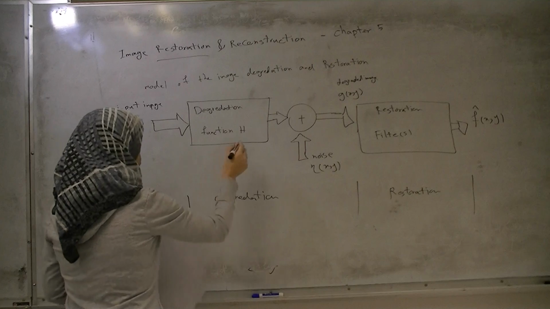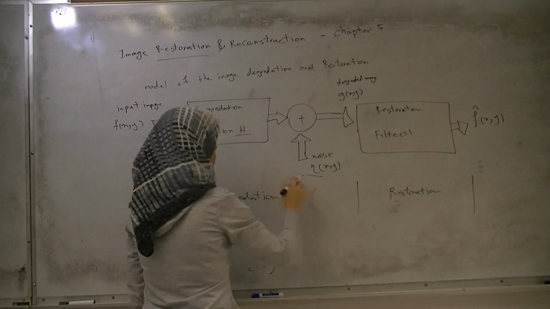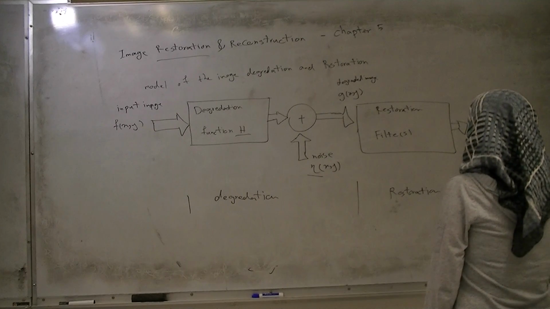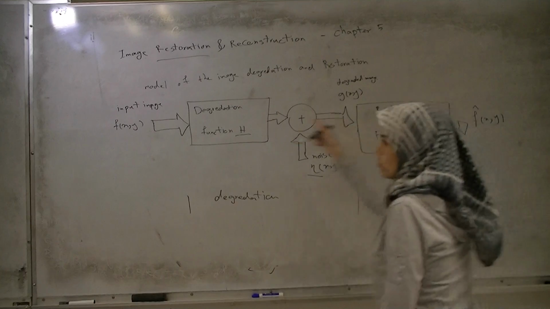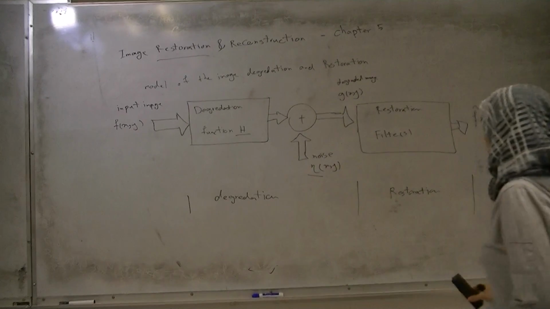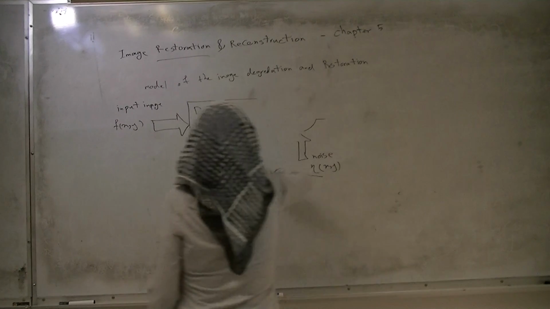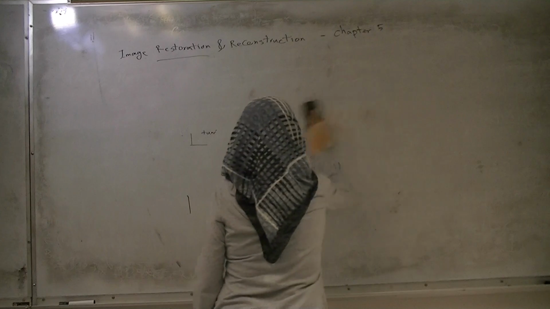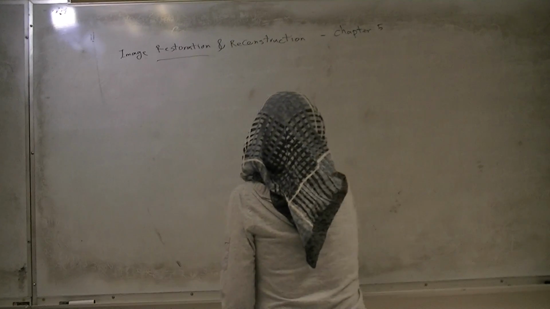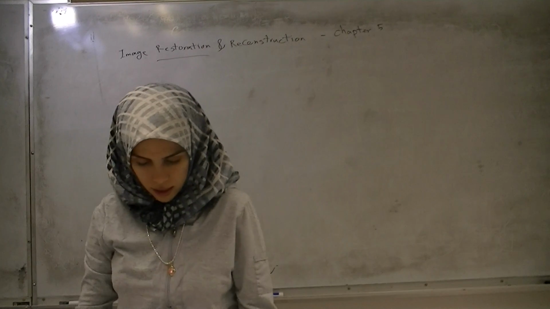And the more we know about H and eta here, the closer we can get f hat(x,y) to our input image. Okay, just remember this model of image degradation and restoration.